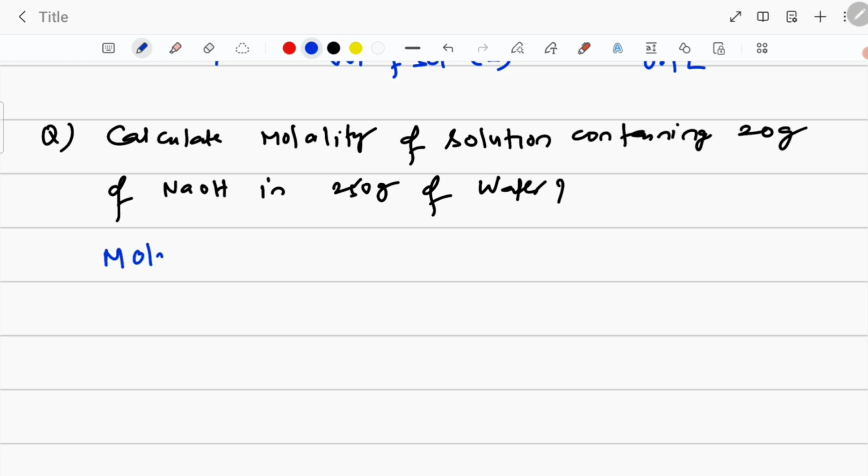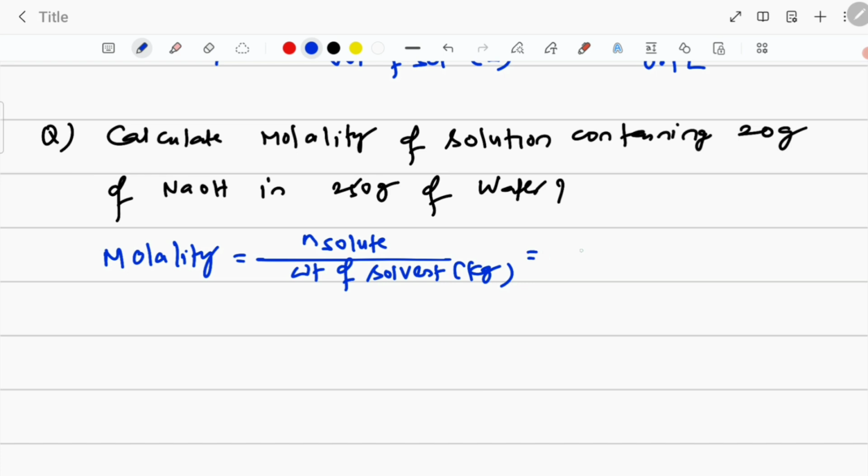And here we know the molality formula. See, the major difference: molarity is based on number of moles of solute per liter of solution, whereas molality is based on number of moles of solute per kg of solvent. There is a difference. There it is solution, here it is solvent. So number of moles of solute, how do we calculate? Given mass by molecular mass. Molecular mass of NaOH is 40.